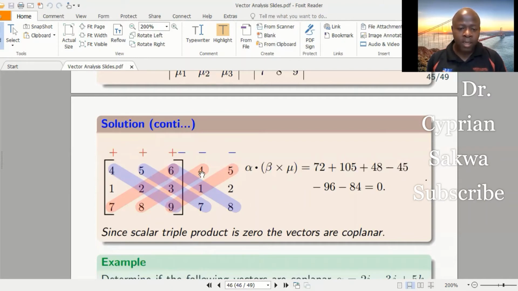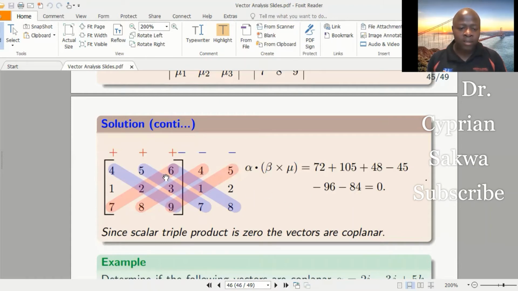And then you also realize there are other diagonals running from top right to bottom left, they're in red. Multiply along these diagonals and subtract the result. For instance, this one gives us 45. So I subtract 45. This other one will give us 24 times 4, which is 96.